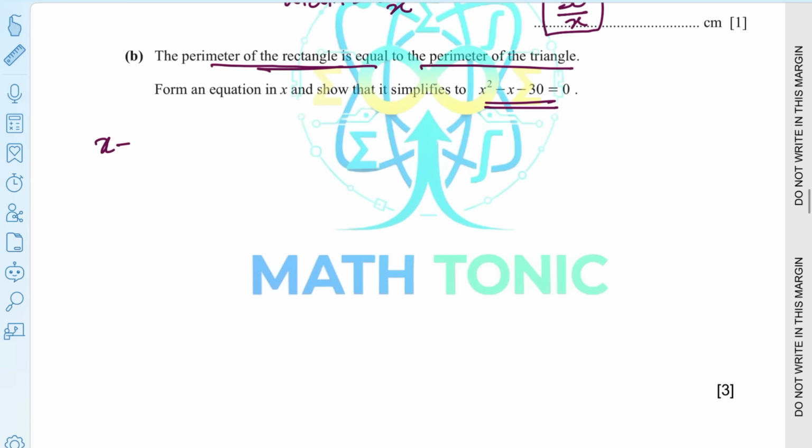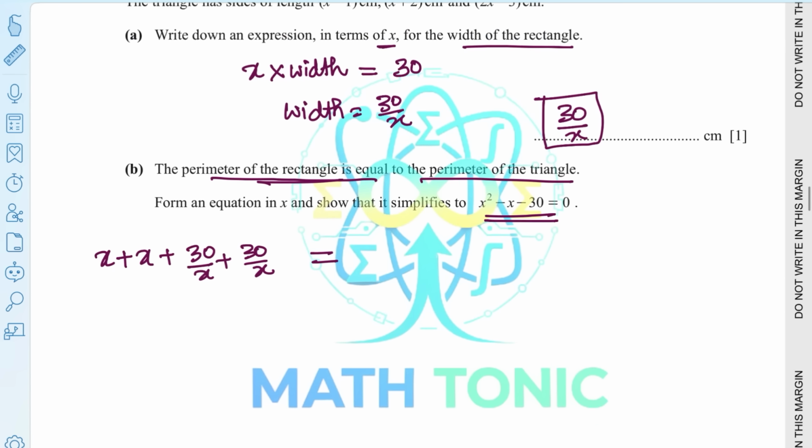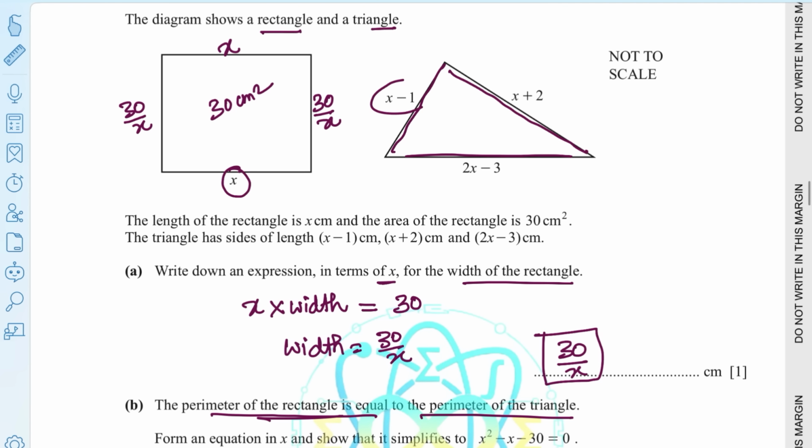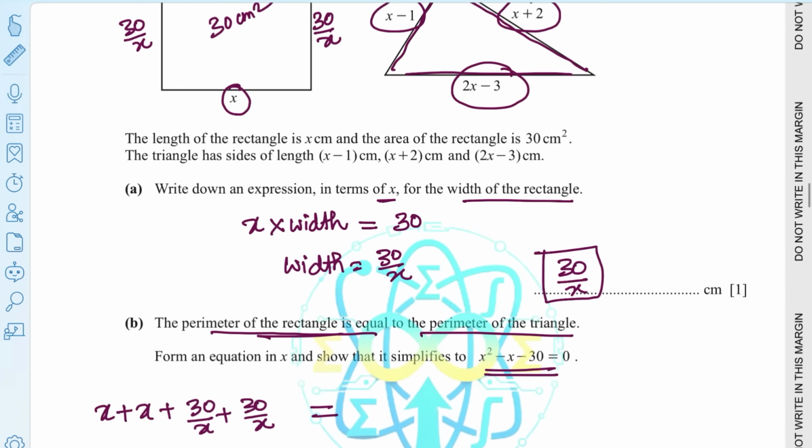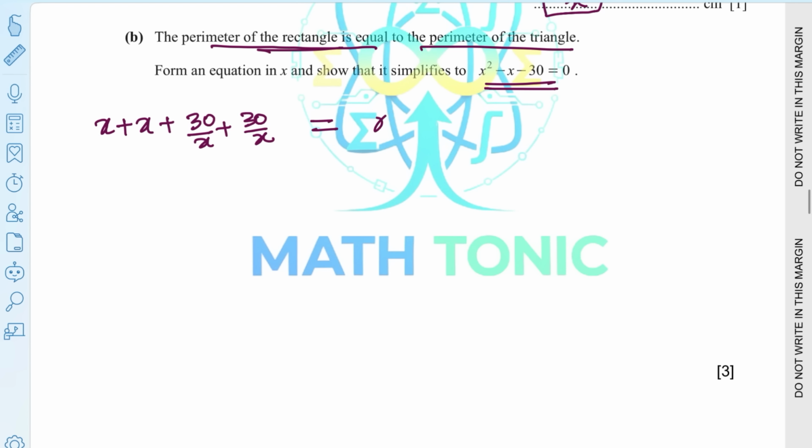I have to add all sides, x plus 30 over x plus x plus 30 over x, right? That is exactly equal to the perimeter of the triangle: x minus 1 plus x plus 2 plus 2x minus 3.